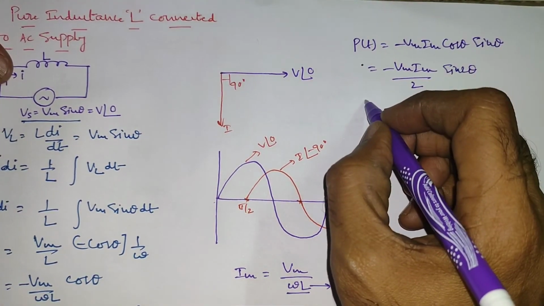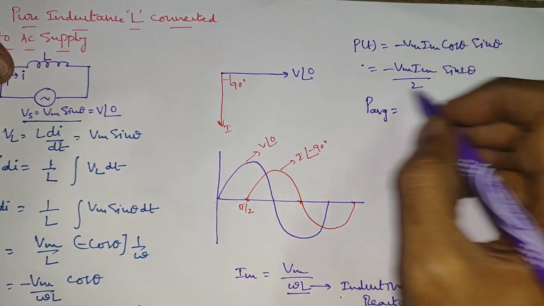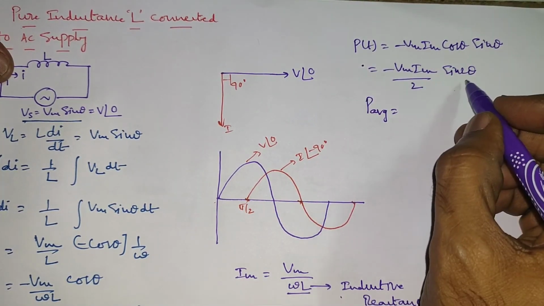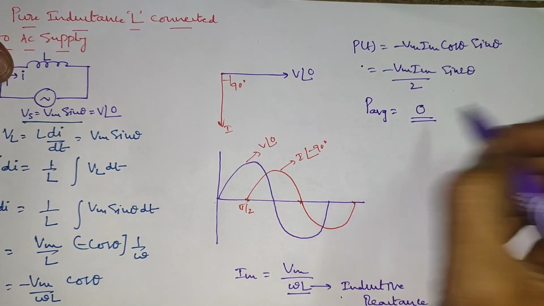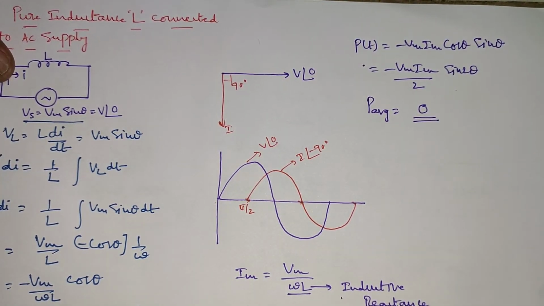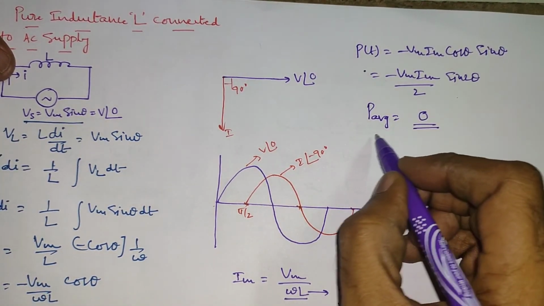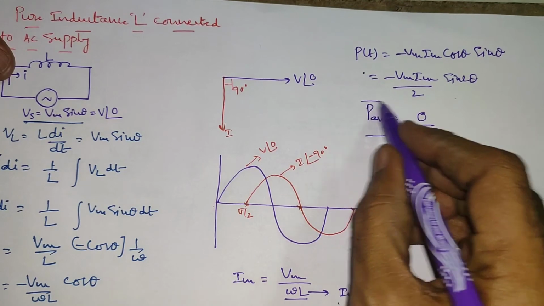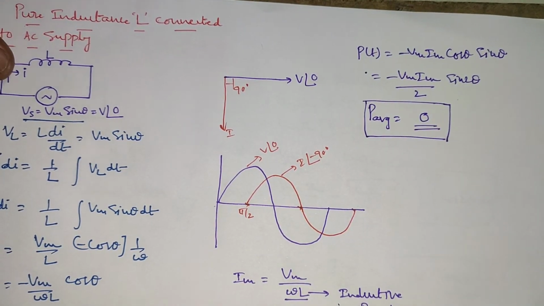When we find the average power for one cycle, we know this is a sinusoidal term, and when we integrate it over one cycle we get the value of 0, because for each positive half cycle there is a negative half cycle, and the average for one complete cycle becomes equal to 0. This is what we get in the case of a pure inductor connected to an AC supply.